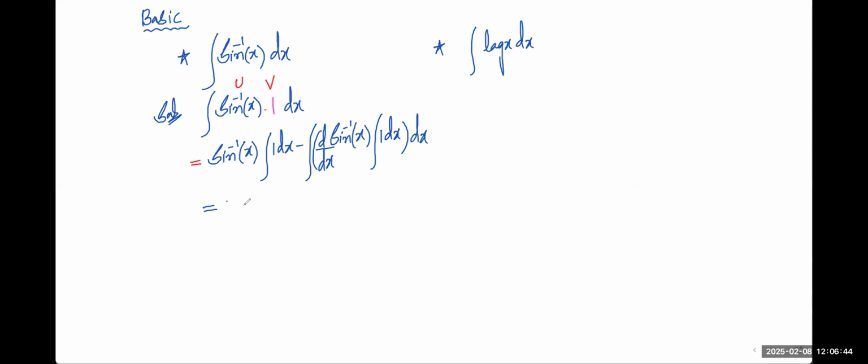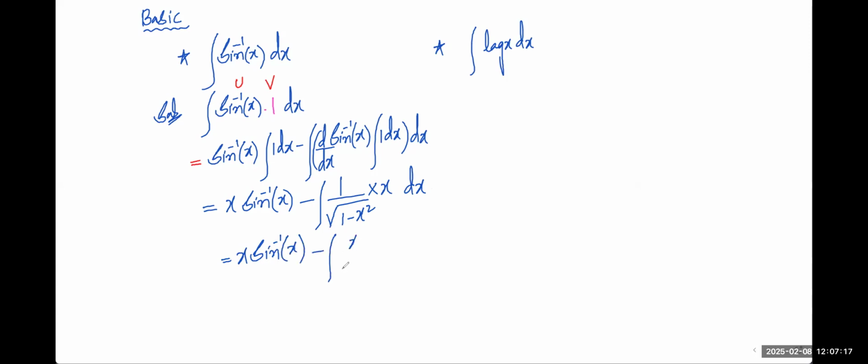So first I am writing x, then sine inverse of x, otherwise it will be merged as sine inverse of x squared, minus the integral of the derivative of sine inverse of x, direct formula 1 by under root 1 minus x square, and the integration of 1 dx is x, then dx as it is. This is x sine inverse of x minus, we are left with the integral of x by root of 1 minus x square.